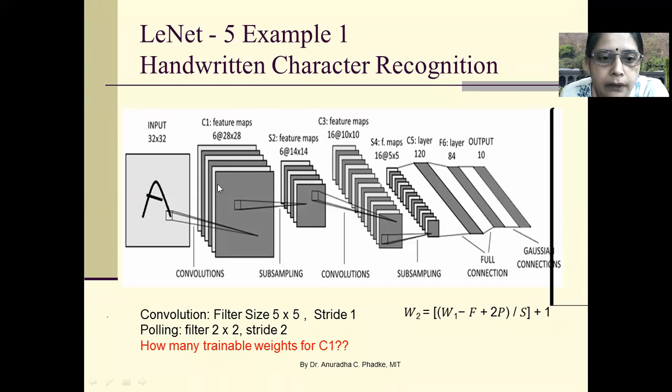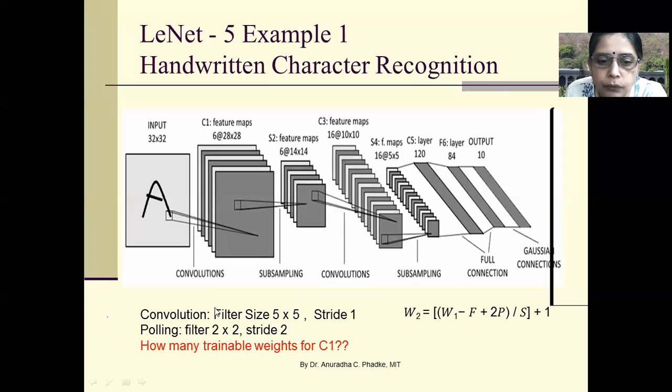Okay. Then there is very first layer, which is convolution layer. Now, as shown here, total 6 filters are used, and each filter size is 5 by 5. Okay, so for very first convolution layer, filter size used is 5 by 5 and stride rate is 1.